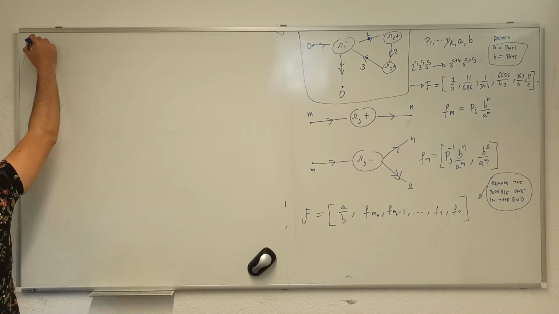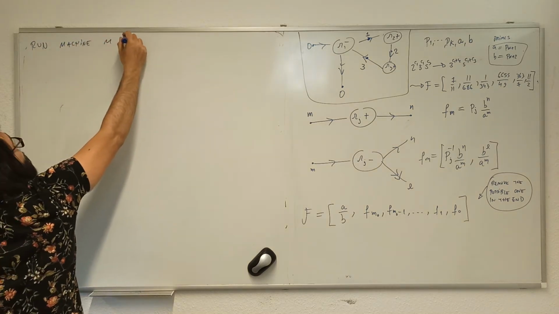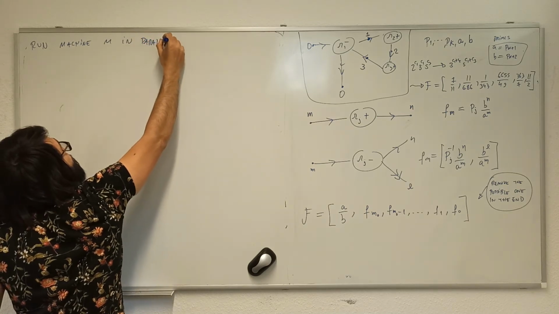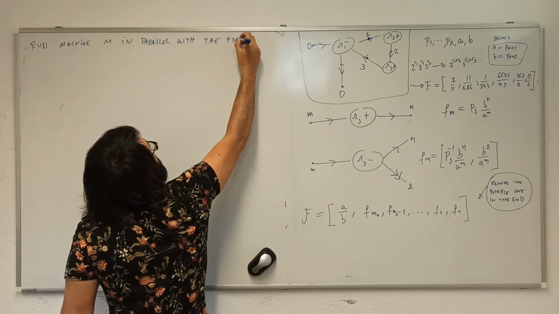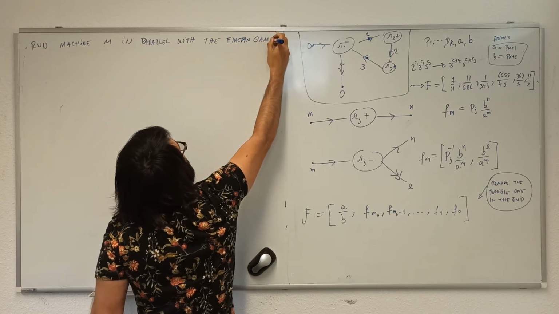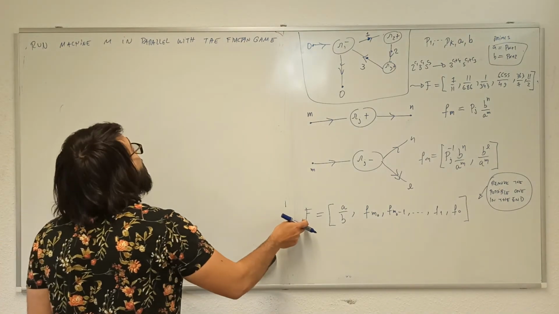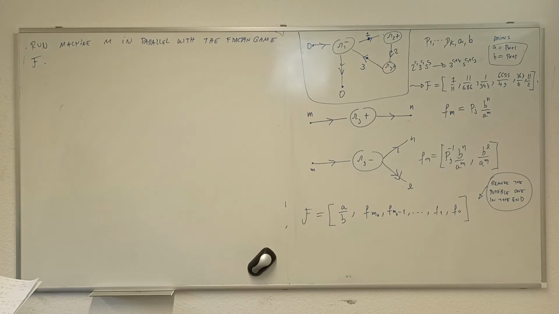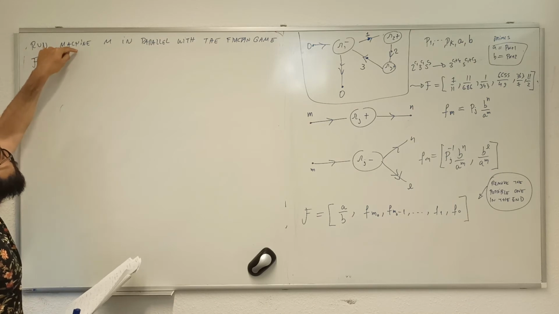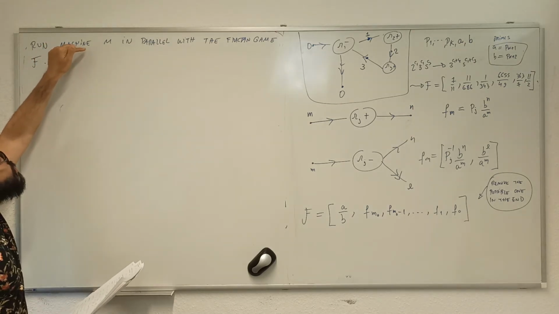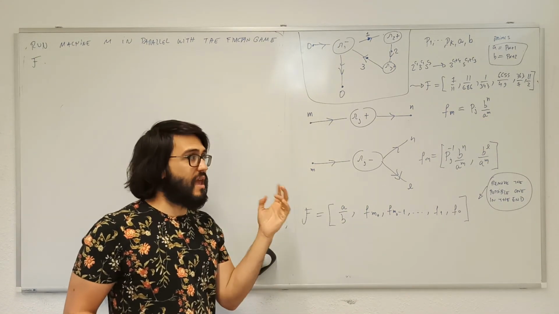The idea is to run the machine M in parallel with the FRACTRAN game F, which is a no-player game if you like, and see that whenever this computes something, runs one instruction, the FRACTRAN game will run 3 instructions, and they will get the same result.